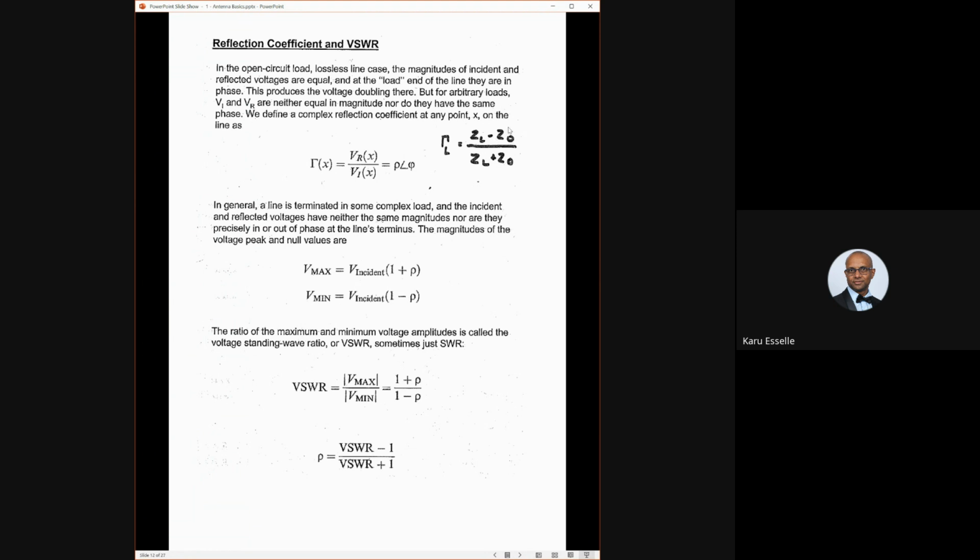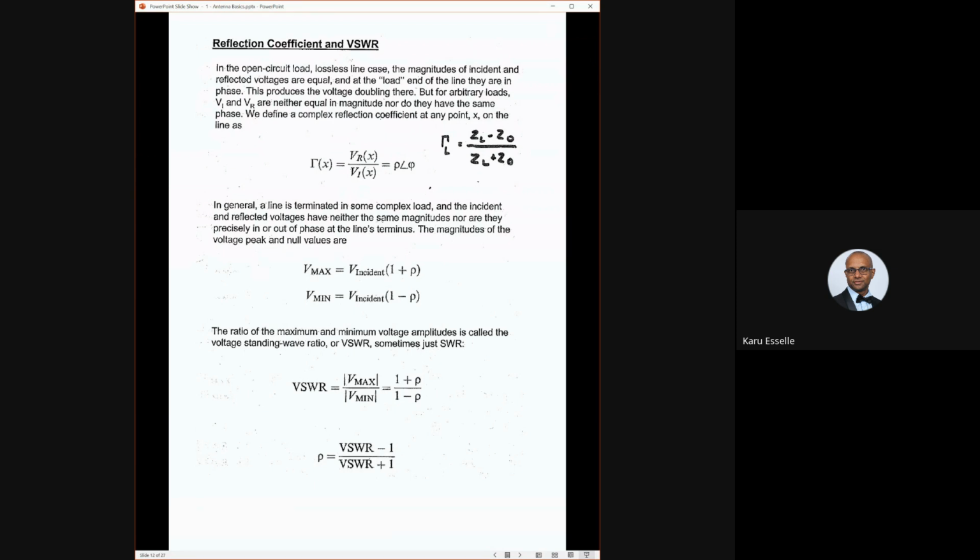If it is a lossless transmission line, that is real. And then we terminate the transmission line by a load, and load impedance is ZL, which is in general a complex number. So if we terminate the transmission line by an antenna, ZL is the antenna impedance.